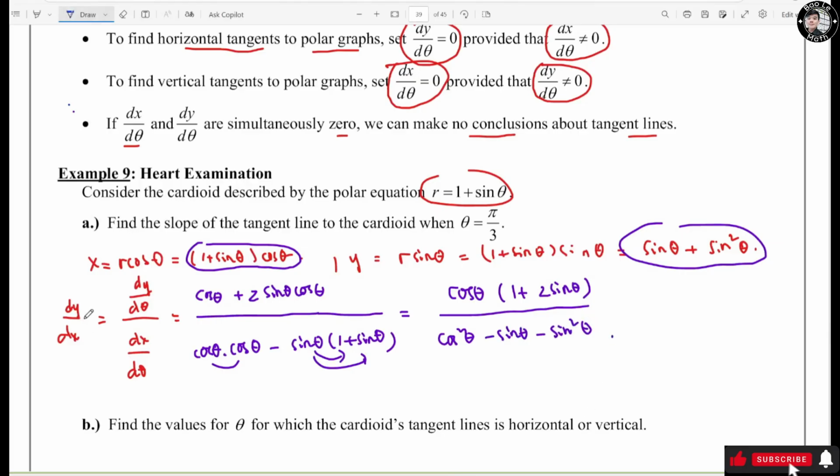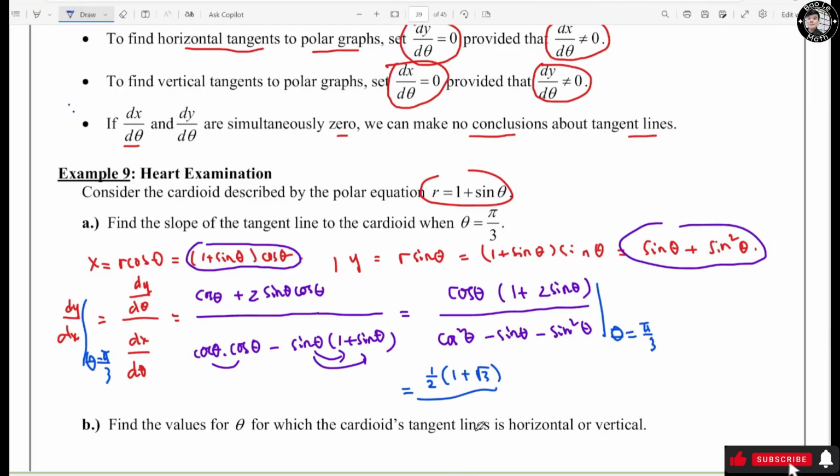I need to evaluate this at theta equals pi over 3. So I put theta equals pi over 3 right here. So I have cosine pi over 3 equals 1 half, so I have 1 half right here times 1 plus sine pi over 3 equals root 3 over 2, and then simplify 2 right here, it's going to be root 3 left.